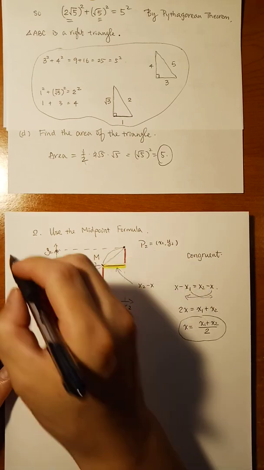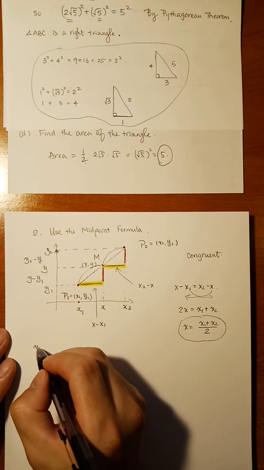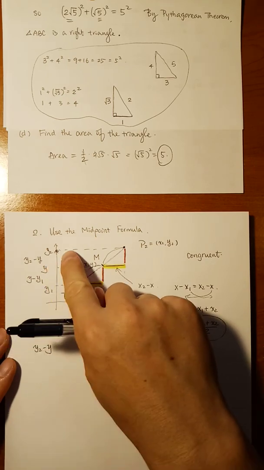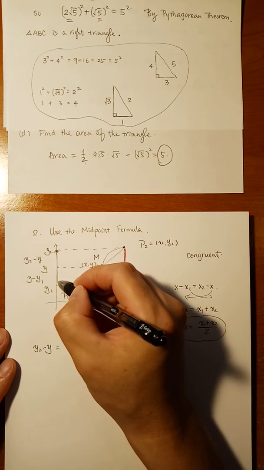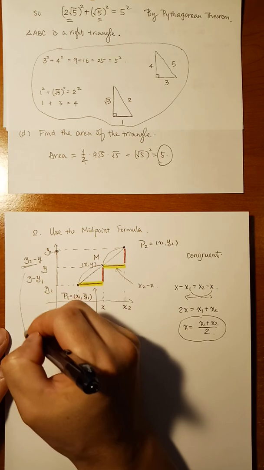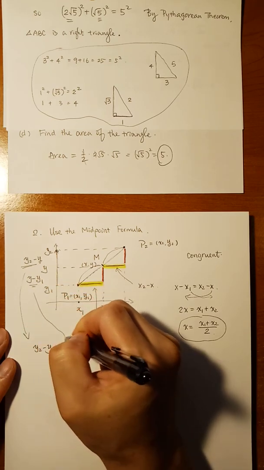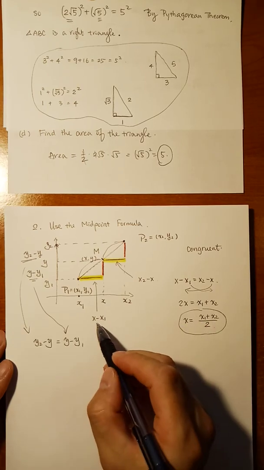This red segment corresponds to y2 minus y. So you will have y2 minus y, this top segment, equal to the length of the bottom segment, y minus y1. It's the same process.